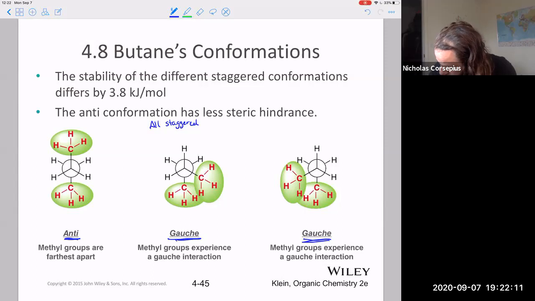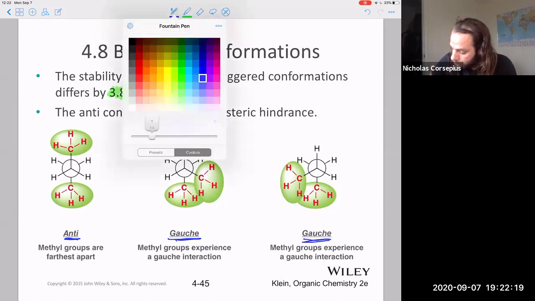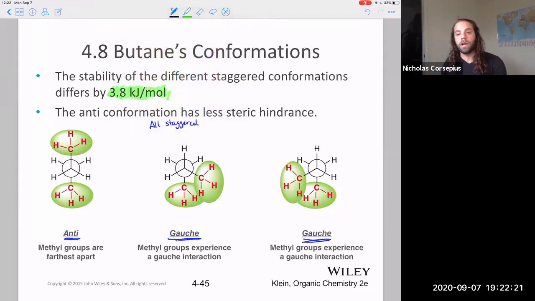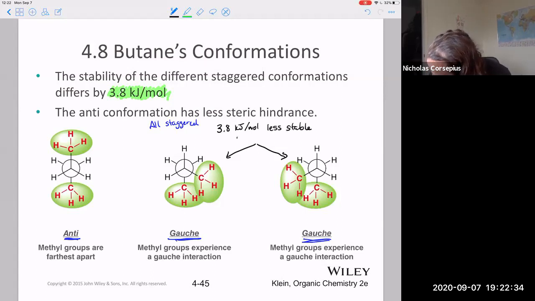There's going to be a penalty of 3.8 kilojoules per mole for a gauche conformation over an anti. So these are 3.8 kilojoules per mole less stable than the anti-conformation.